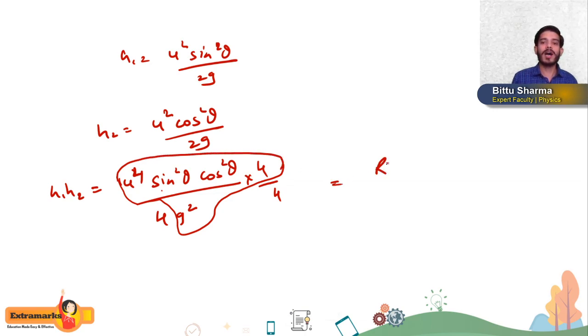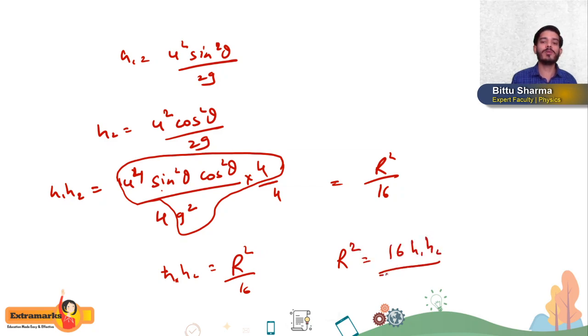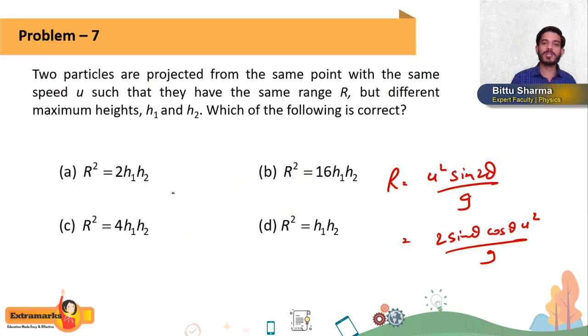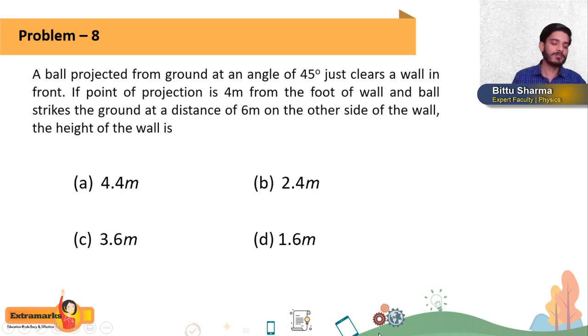Getting or not? So it will be R square by 16. So h1 h2 is equal to R square by 16. So from here R square is equal to 16 h1 h2 will be the correct answer. You can see which option is correct. Option B will be the correct answer: 16 h1 h2.